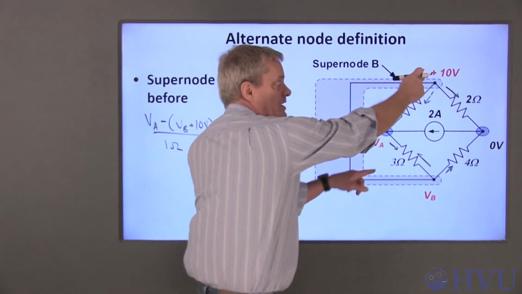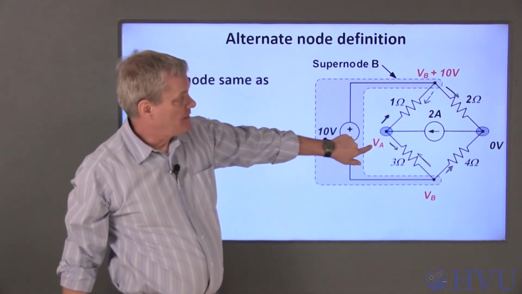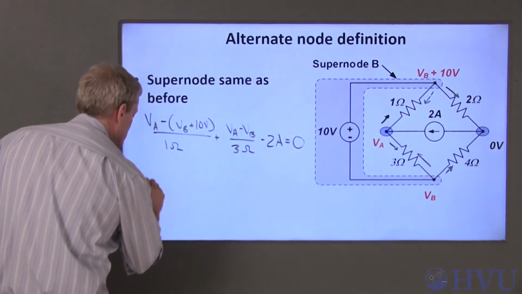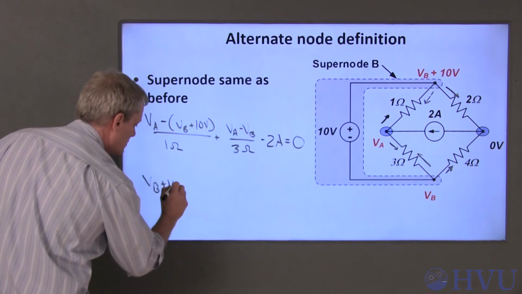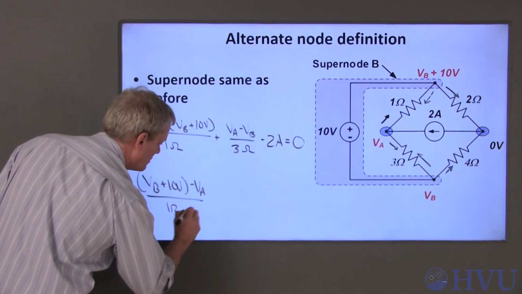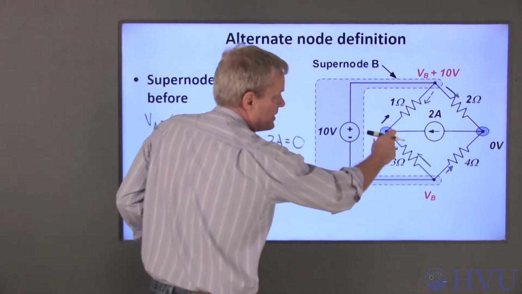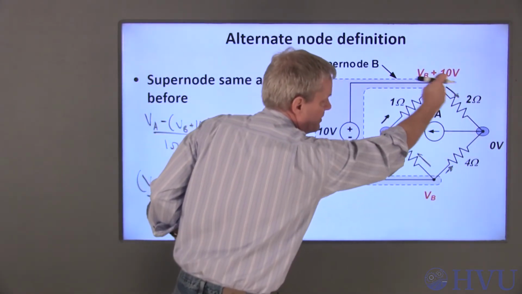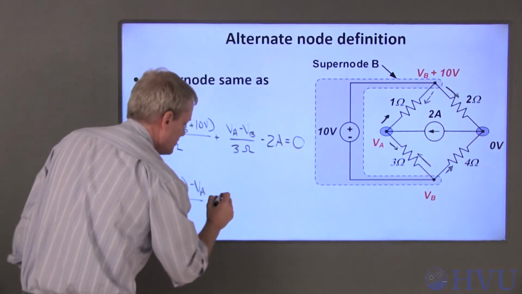Now if I sum currents leaving the supernode, my assumed current directions are this direction. So this current is VB plus 10 minus VA over 1 ohm. Plus this current, which is VB plus 10 minus 0 over 2 ohms.